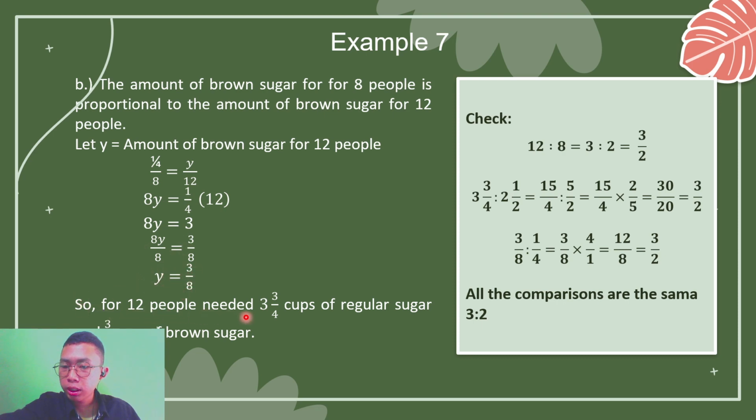So for 12 people we need 3 and 3 per 4 cups of regular sugar and 3 per 8 cup of brown sugar.